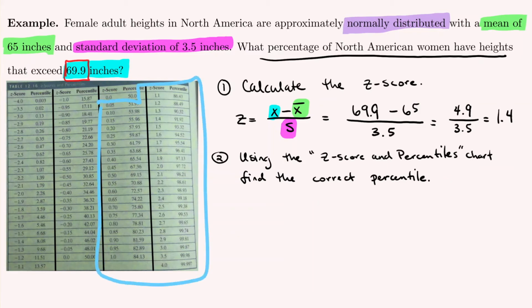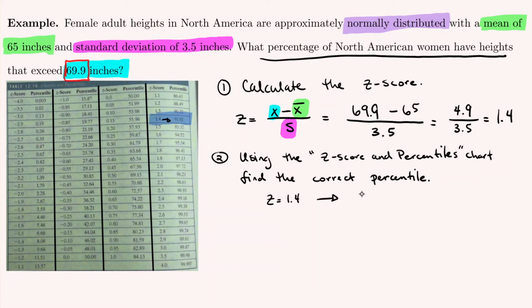As we're looking for 1.4, I see all of these scores are less than 1, so I look over to the next category. And here I see a z-score of 1.4. Let's mark that. It has a corresponding percentile, if we read over, of 91.92. So for a z-score of 1.4, we know that's a percentile of 91.92%. So it's greater than 91.92% of all data values.